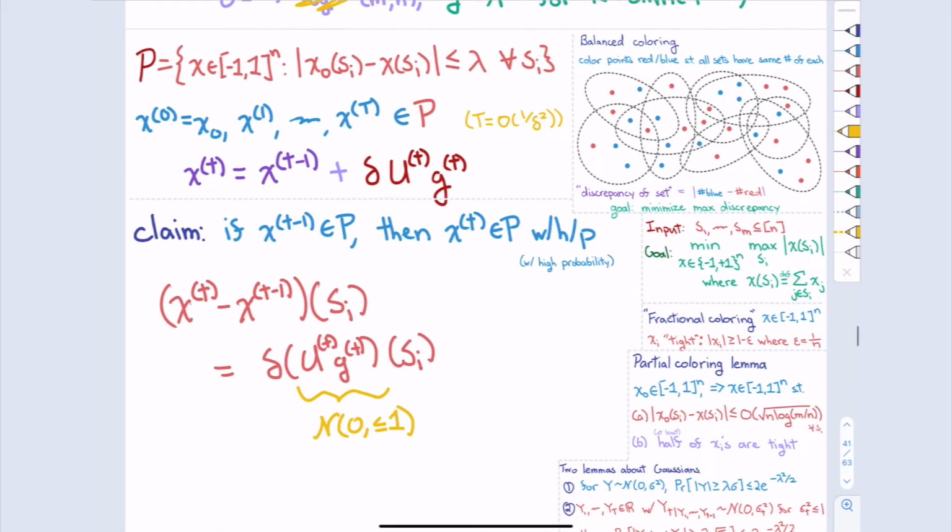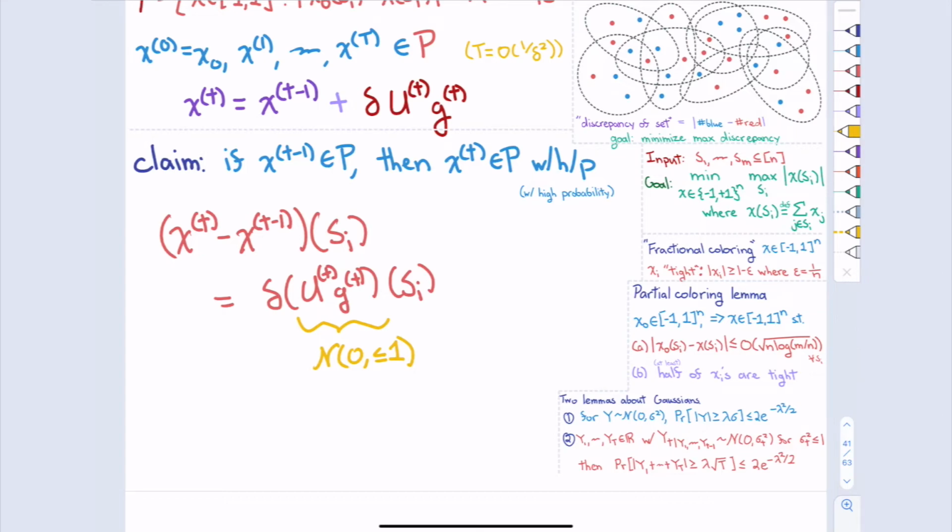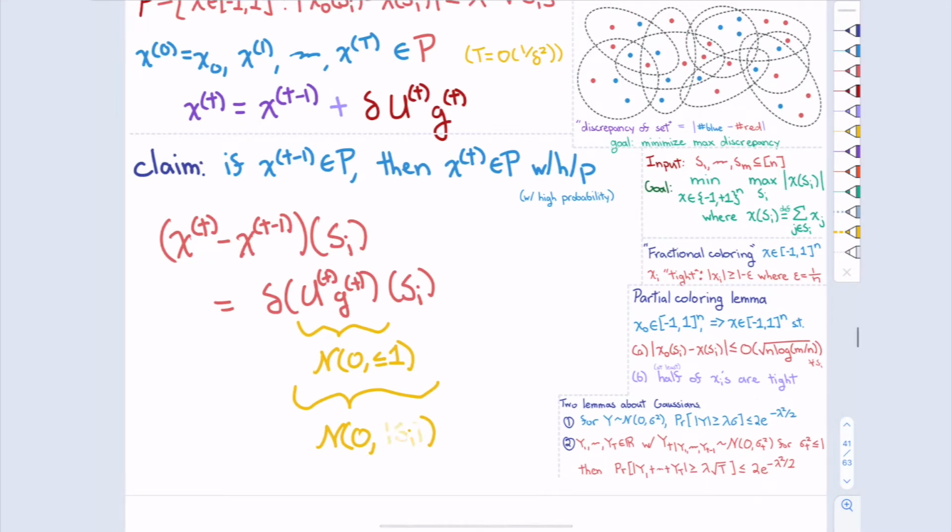So I'm doing a Gaussian times, I can think of Si as the indicator variable of Si, okay? So this whole thing is looking like a Gaussian with variance at most the size of Si, because that would be the L2 norm squared of the indicator variable of Si, which is at most n.